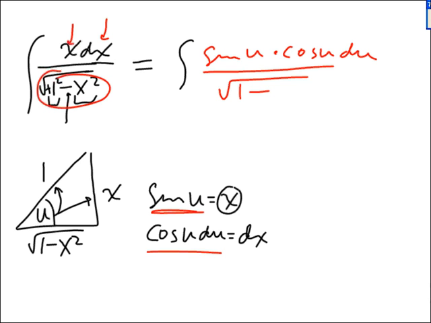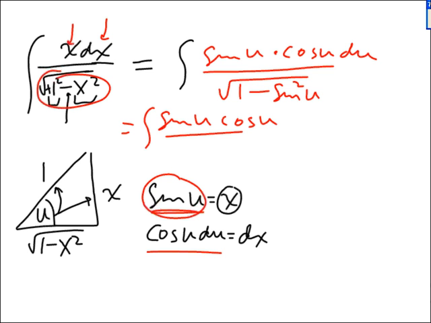It's the square root of 1 minus x squared. But that's how I write x. However, 1 minus sine squared of u is cosine squared u.